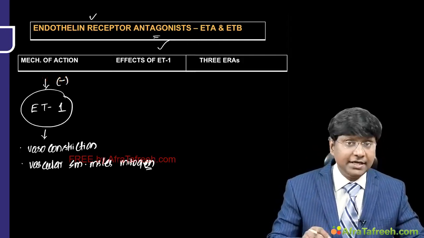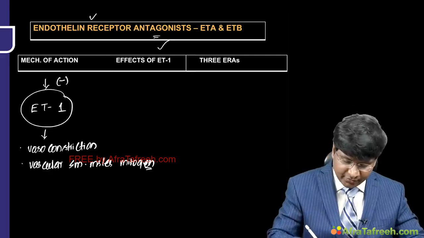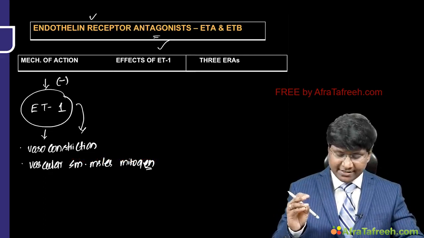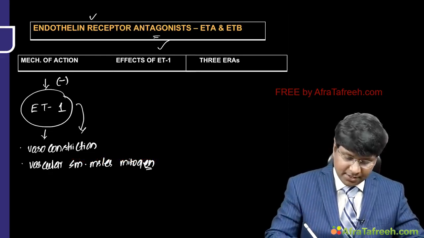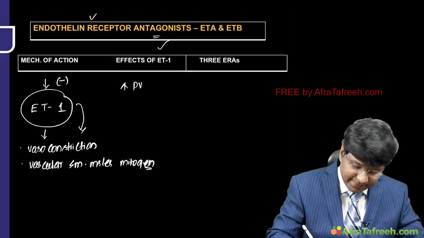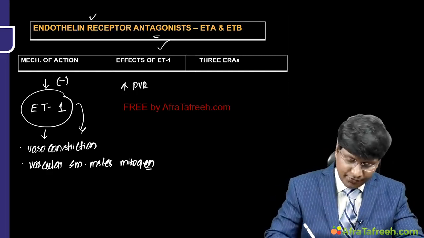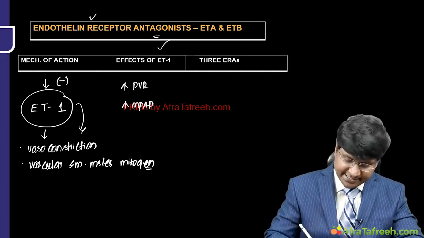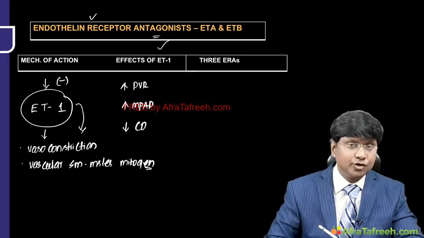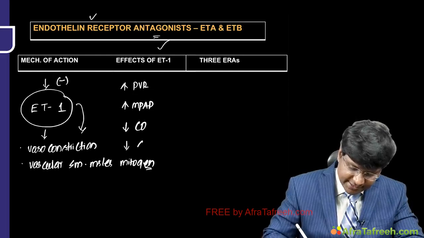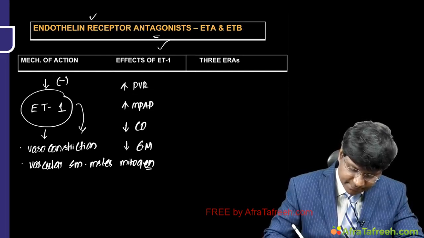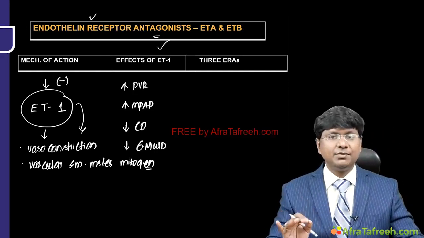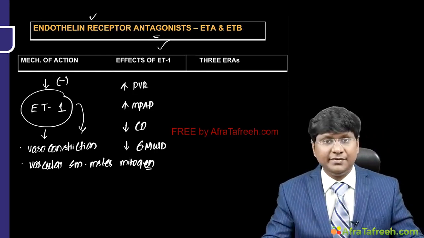Because of vasoconstriction and vascular smooth muscle mitogenic activity, endothelin 1 will increase the pulmonary vascular resistance, increase the mean pulmonary arterial pressure, decrease the cardiac output, and also decrease the 6 minute walk distance. So that is about the effect of endothelin 1 on the individual.